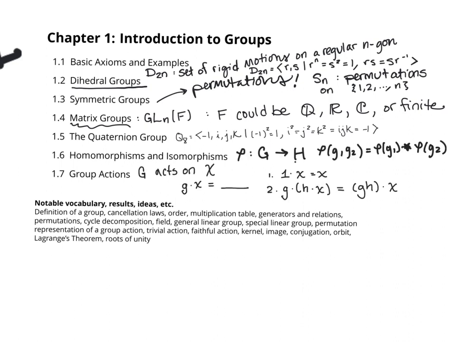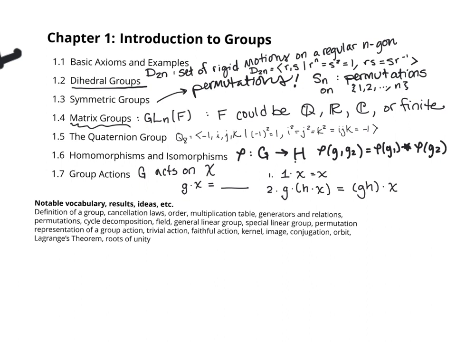Now, how do we check something's a homomorphism? Well, we want to make sure that it plays nicely with the operation in the initial group and in the target group. Group actions, similarly: a group acts on a set. Sometimes the group acts on itself.